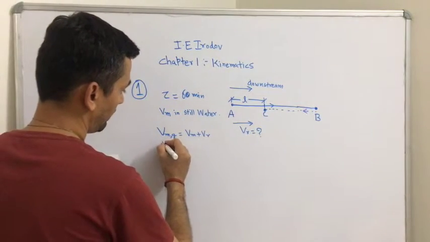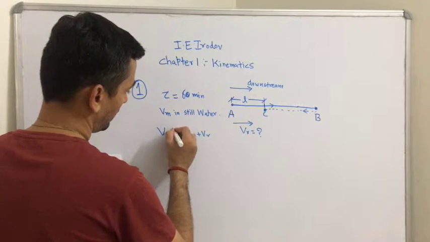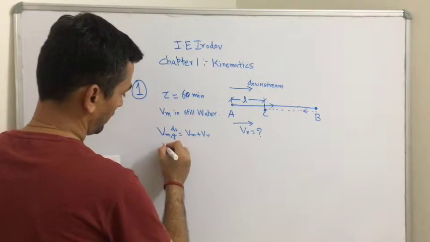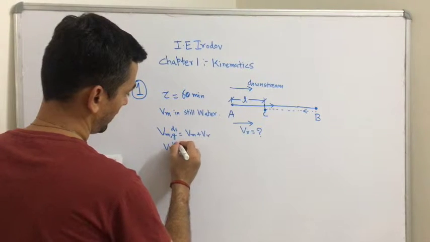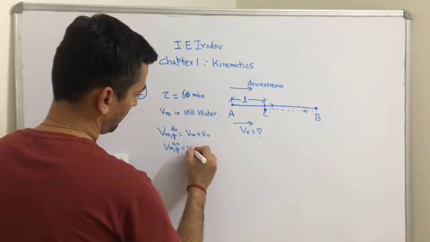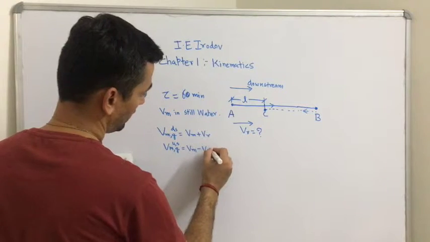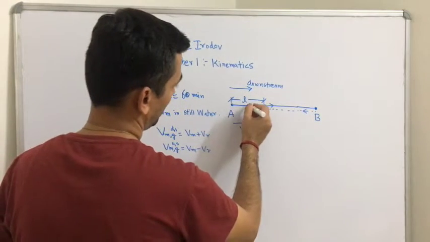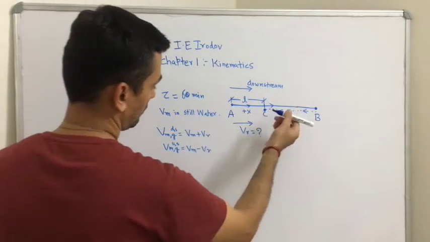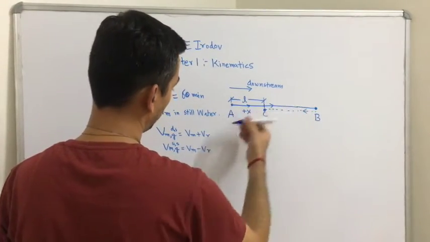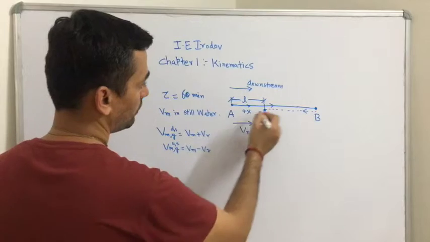So this is the downstream velocity. And when it goes upstream, the velocity of the motorboat with respect to ground becomes Vm minus Vr. So if my positive x-axis is in this direction, it becomes Vm minus Vr.